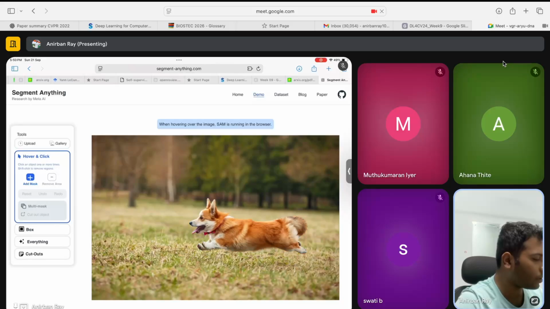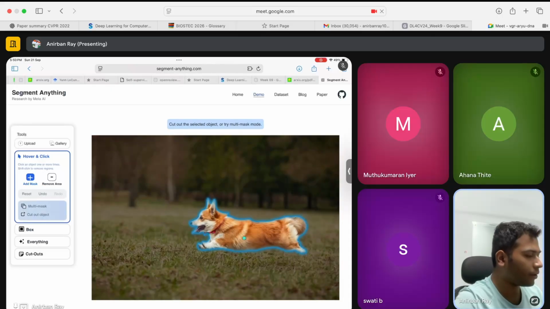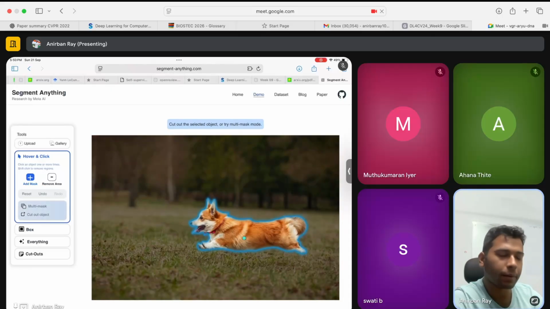If you click this one, as you can see, it can segment the image.